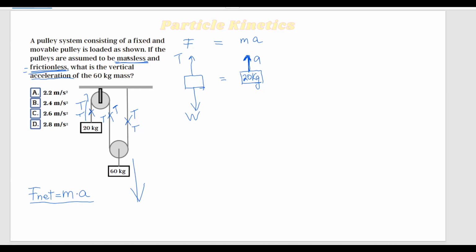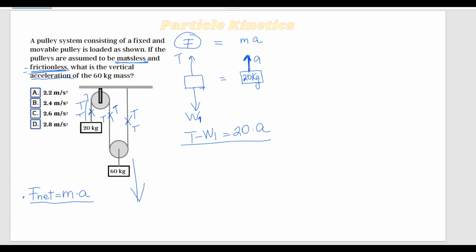So if we want to now write the equation, let's say this is W1, because this is a 20 kilogram block. So the equation for this is going to look like T minus W1. This represents the forces. T minus W1, the net force, as we've mentioned here, equals ma, which is 20 multiplied by acceleration.